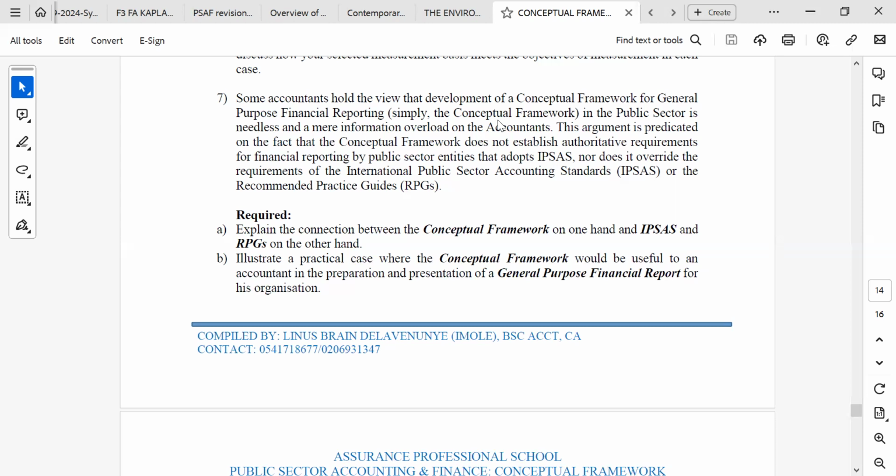You can see that if you go through all the IPSAS, none of the IPSAS will be saying that this is property, plant, and equipment. They are not specific. None of the IPSAS will be telling you specifically that whenever you purchase disposable cups, it should be inventory or it should be this one. So you have to use the recognition criteria and all the definitions of an asset given by the conceptual framework to be able to know whether the disposable cup will be classified as an asset. If it's an asset, which type of asset? Whether the expensive plate will be classified as an asset, or which type of asset. That's one part of the example.